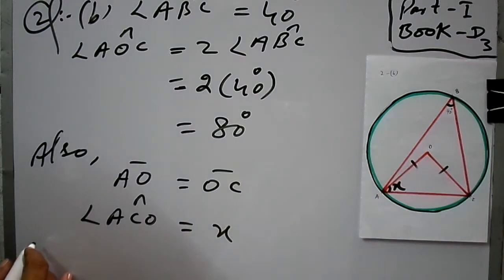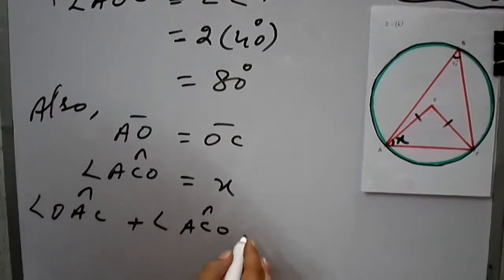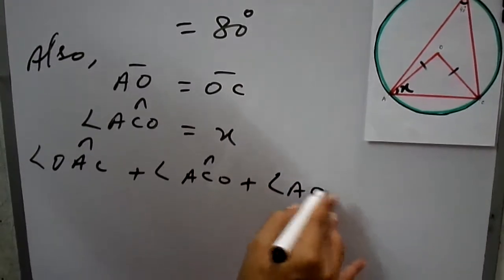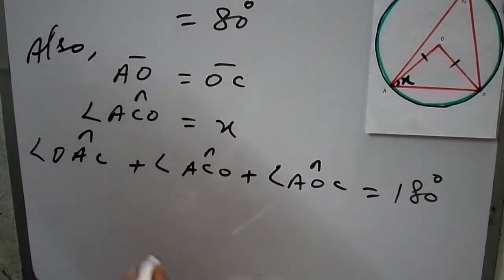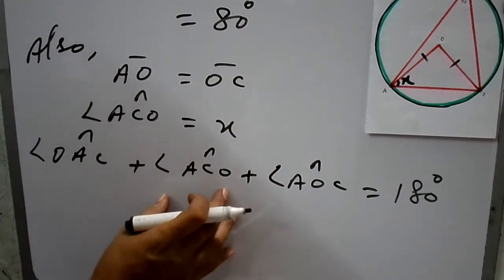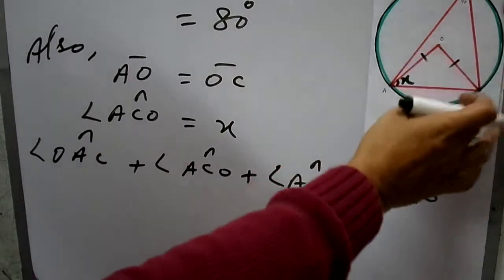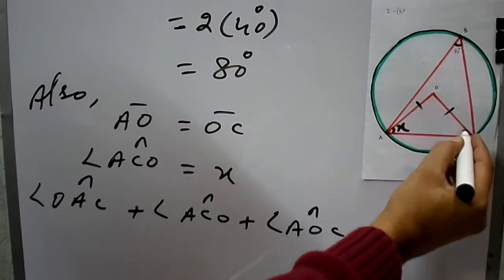So angle OAC plus angle ACO plus angle AOC must be equal to 180 degrees. So putting the values, as we have already discussed, OAC and ACO both are equal. This side must be equal to this side.